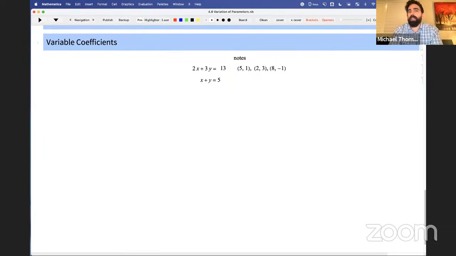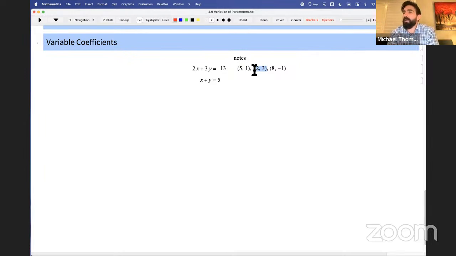So if I add this extra restriction, can I still find a solution? Yeah, it would just be that one right there. I would lose all the other ones, right? It would be that one because the two lines would intersect at one point.